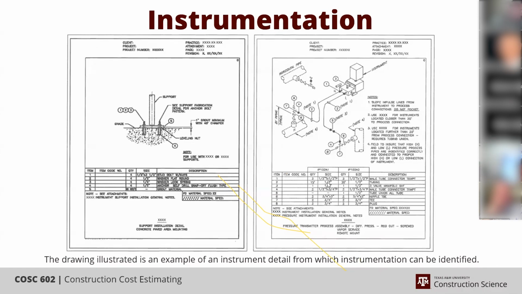So each instrument that is identified in the equipment list or the P&ID will have an instrument detail assigned to it if it's required.